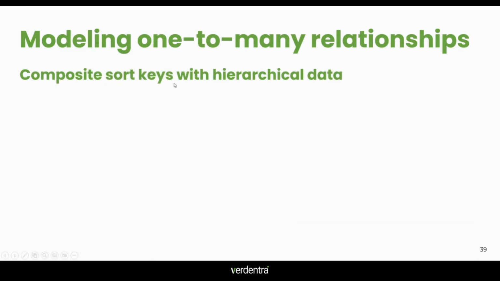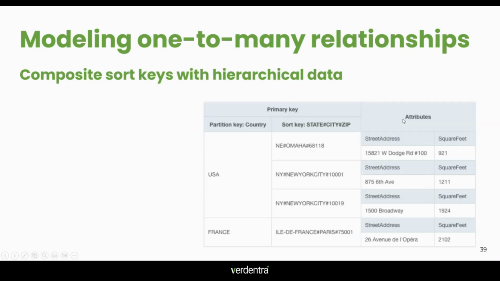Okay, so the last one is composite sort keys with hierarchical data. Here we have a different example, where you have a partition key of country, and the sort key is in a hierarchical pattern: state, city, and the zip. With this, if you need only the items that match USA, New York City, you can do that by comparing up to here.